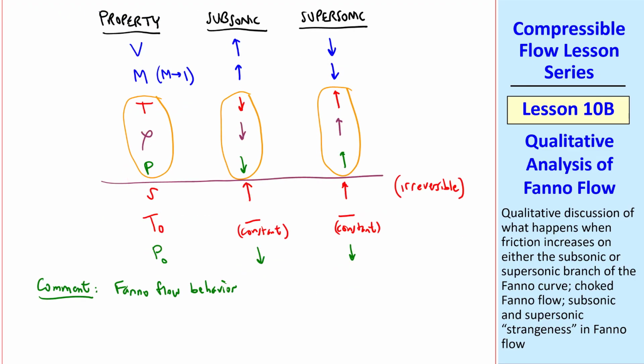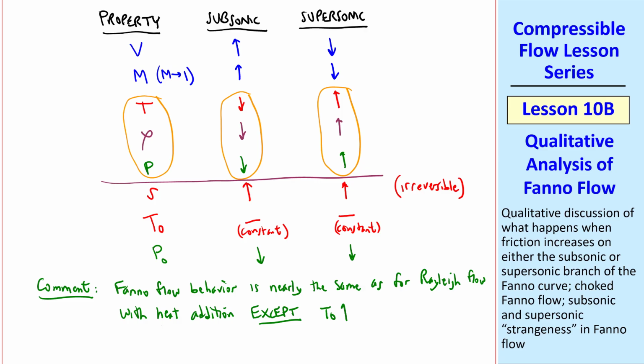I'll also comment that this Fanno flow behavior is nearly the same as for Rayleigh flow with heat addition, except T0 goes up in both branches of Rayleigh flow, but P0 goes down, entropy goes up as we add heat. Speed and Mach number behave the same way in the two branches for Rayleigh and Fanno flow.